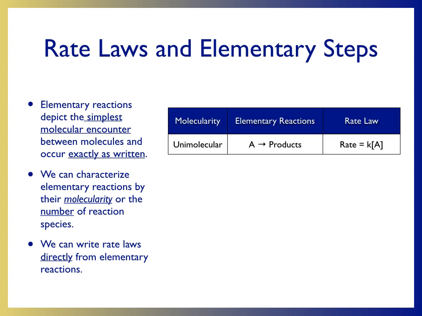Here are 3 types of elementary reactions. We have unimolecular reactions in which only one reactant appears on the left-hand side of the elementary reaction. This could be a molecule that rearranges or decomposes to form products.